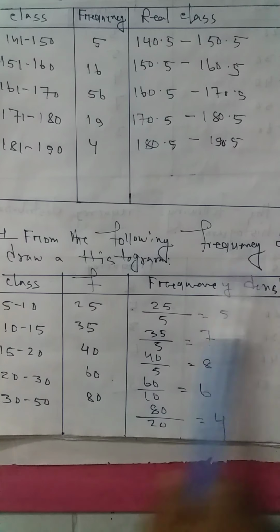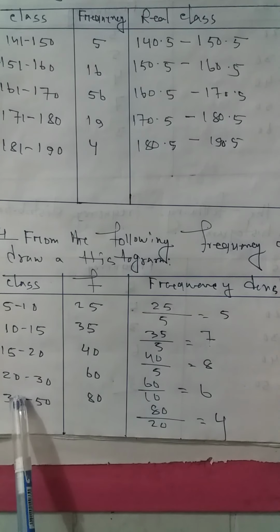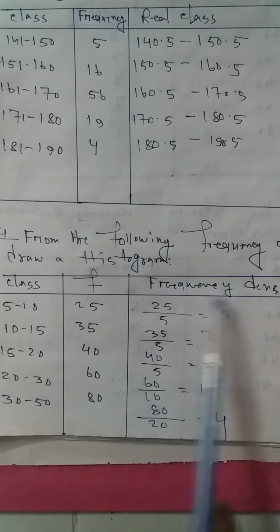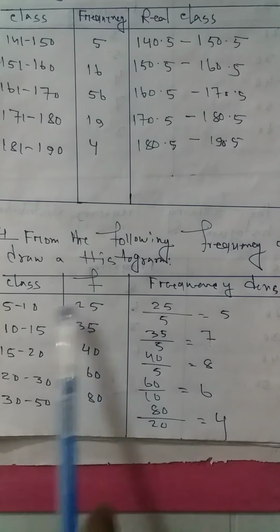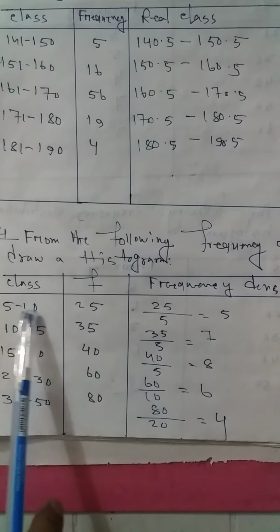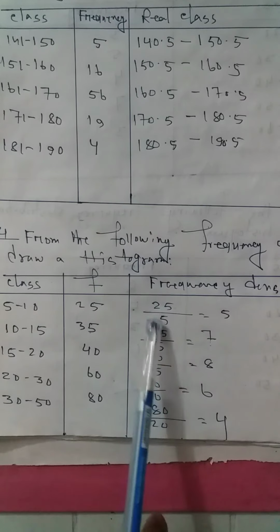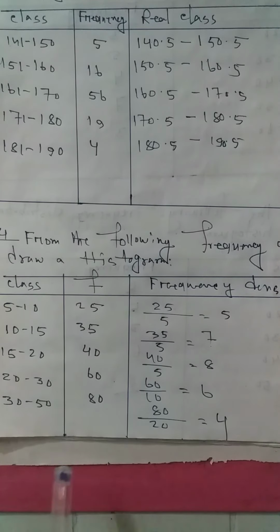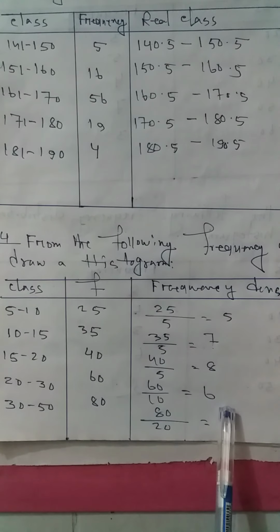For the given frequency distribution, draw a histogram. We see the frequency distribution is given in exclusive method but with unequal class interval. You can calculate the frequency density. The frequency density rule is class frequency divided by class interval, and then take the lower limit against the frequency density.